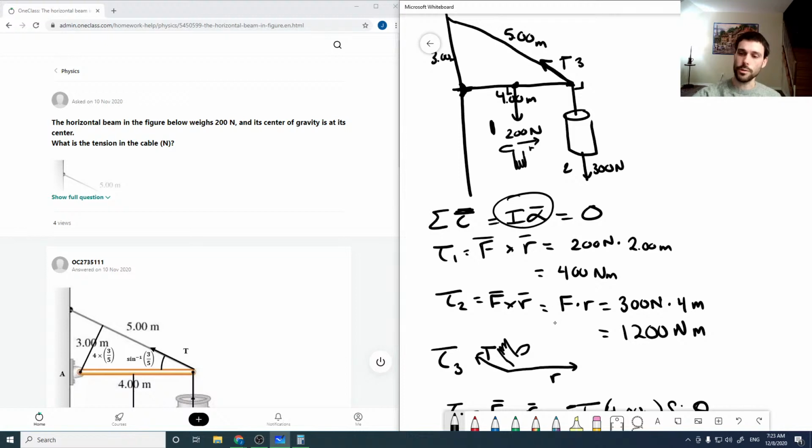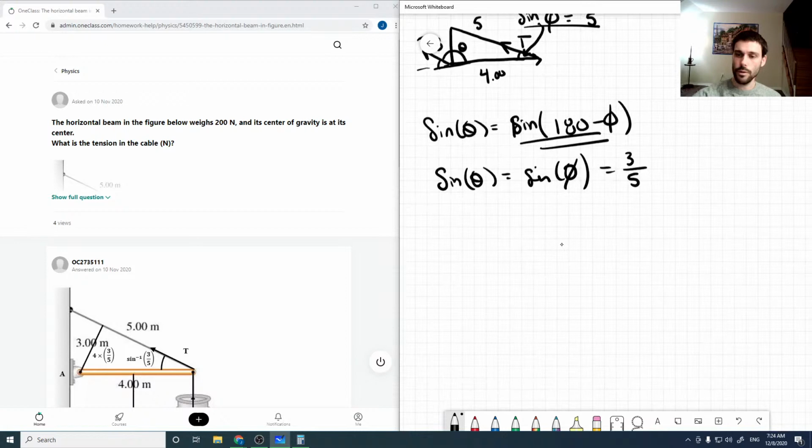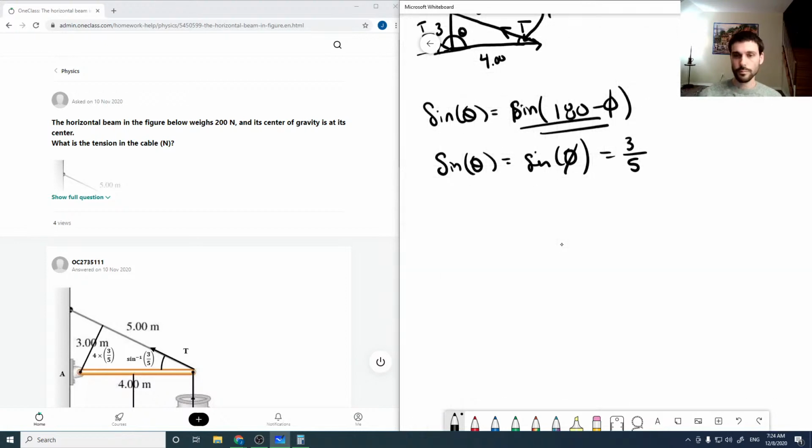So the sum of our torques will be 0. So now summing up all our torques is equal to torque 1 plus torque 2 plus torque 3. I'm just including the vector, but we're not going to bother with any unit vectors, but we are going to bother with sine.